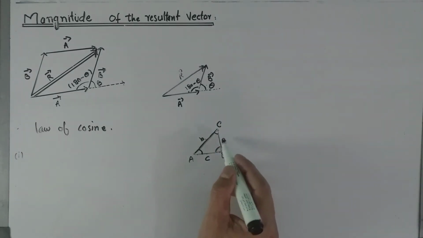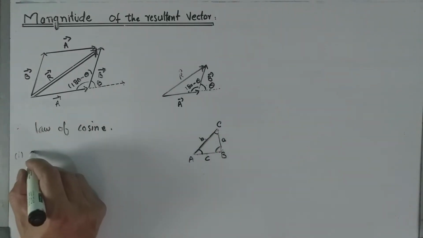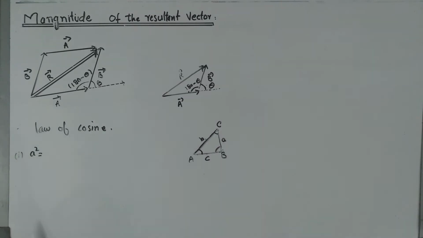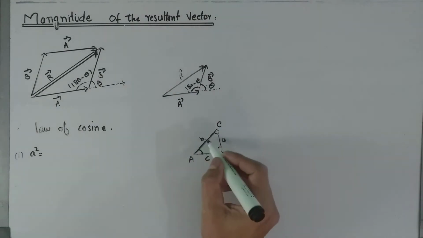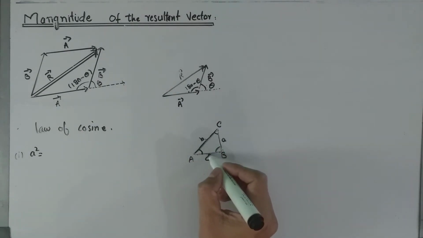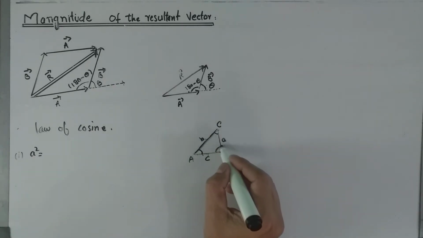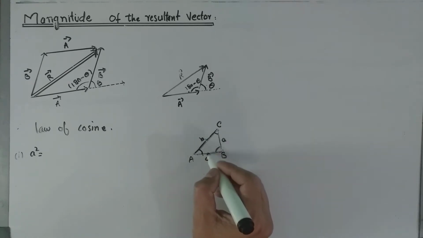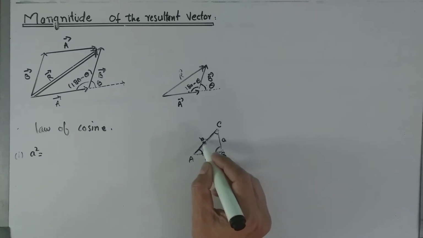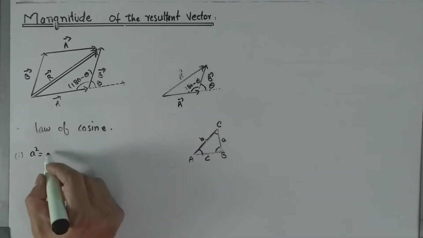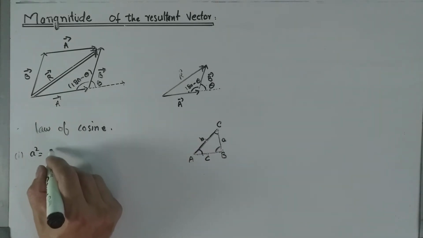So let's say we need to find A. So A square will be equal to B square plus C square minus 2BC cos A. This is the law: this side squared is equal to this squared plus this squared minus 2 times this times this times cos of the included angle.